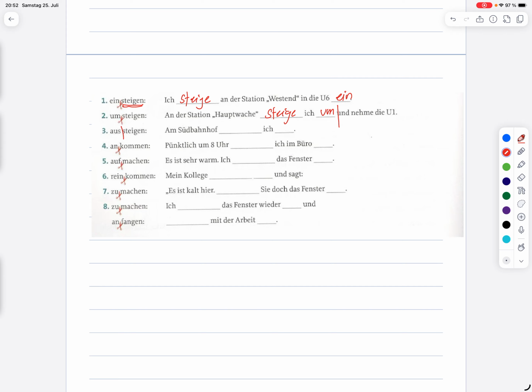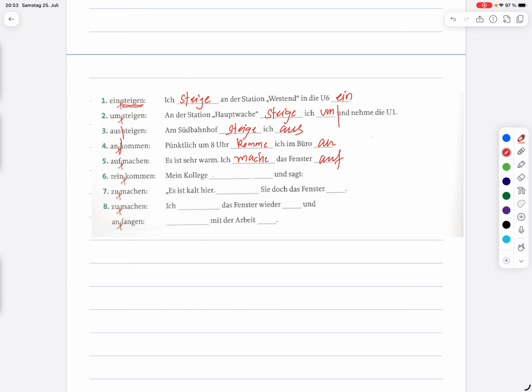Aussteigen. Then here's this one: Am Südbahnhof steige ich aus. Ankommen. Similarly, pünktlich um 8 Uhr komme ich im Büro an. Aufmachen. Es ist sehr warm. Ich mache das Fenster auf. Right? Reinkommen.